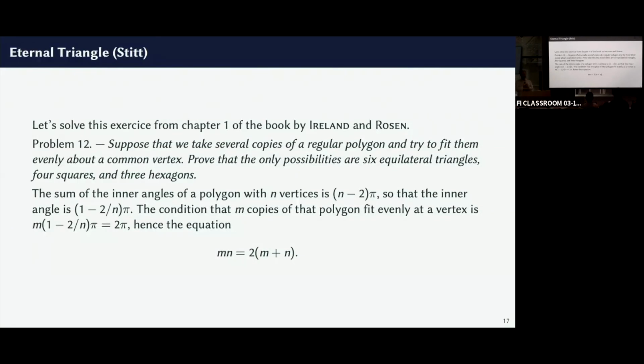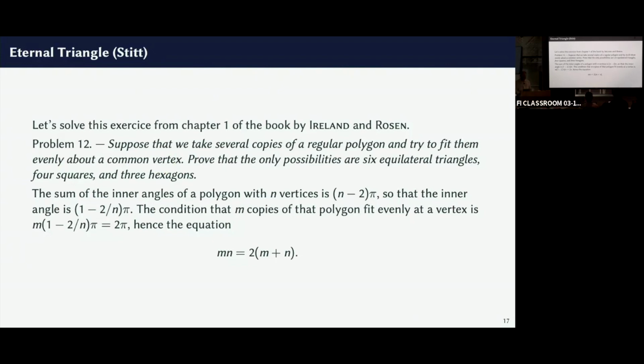You assume that it fits exactly, so you have exactly m copies of an n-gon, and you want to prove that the only possibilities are 6 equilateral triangles, 4 squares, and 3 regular hexagons. Do you have the picture in mind?